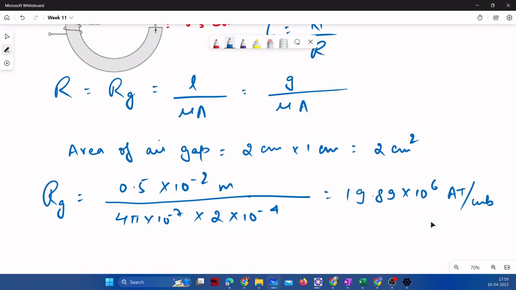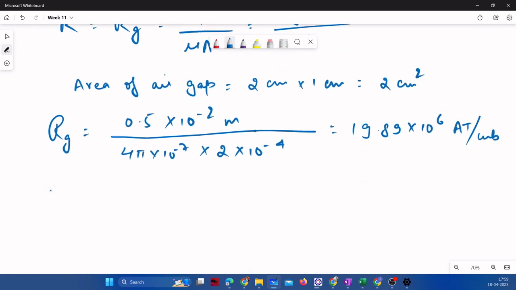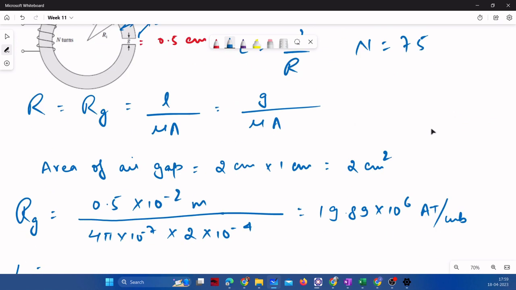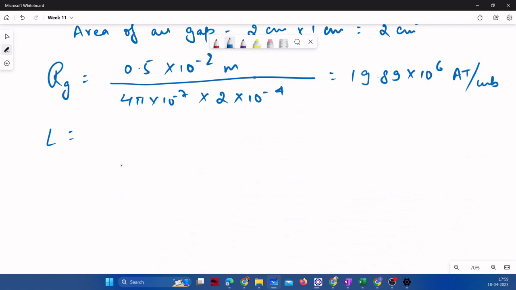So we computed reluctance and we know inductance is N square by R. The number of turns are given. Did I mention it? Number of turns are 75. So L will be 75 square divided by 19.89 into 10 to the power 6.